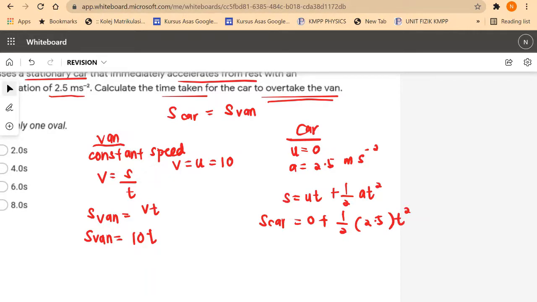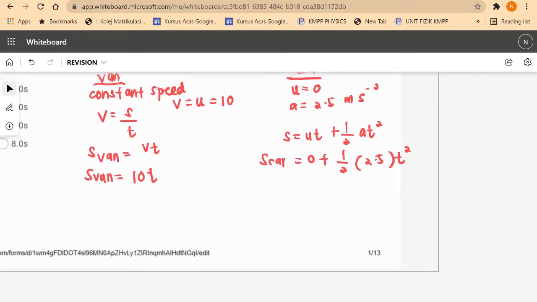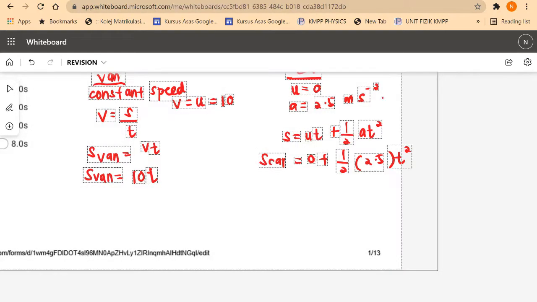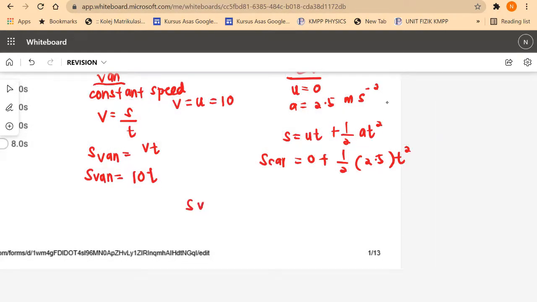Alright, and then S van equals S car. Then you can equate these equations. Then 10t equals half times 2.5 t squared, and then simplify. Then 10t equals 1.25 t squared.